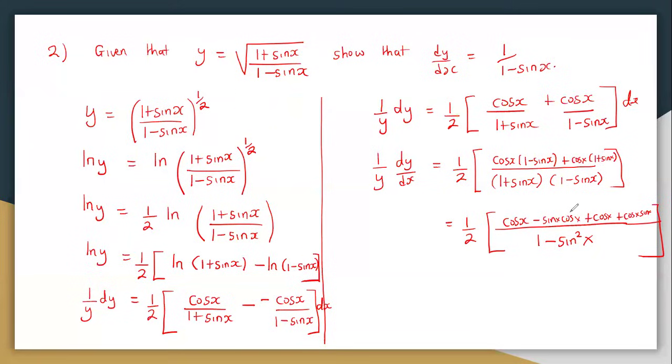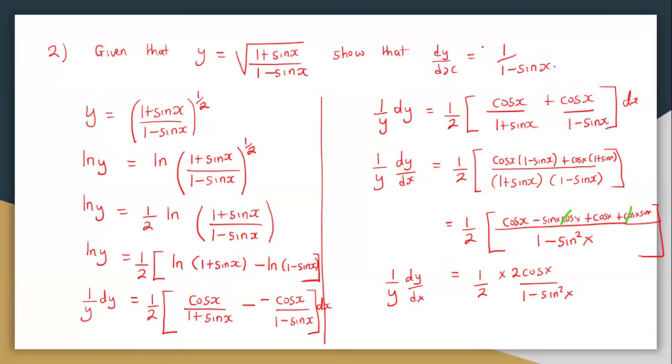So you can then simplify. You notice that this and this can go. So you remain with cos x plus cos of x, which is going to give us a 2. So that means I'll have 1 half times 2 cos of x out of 1 minus sine squared of x. But this side, we still have our y, so do not forget that y.